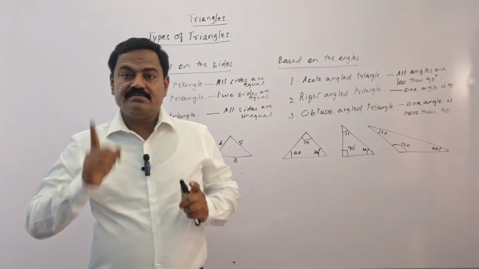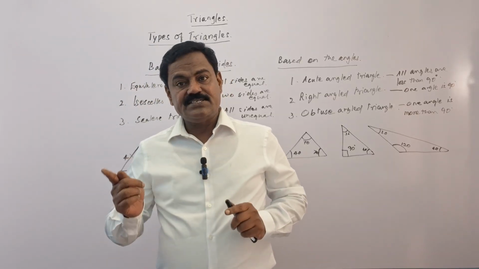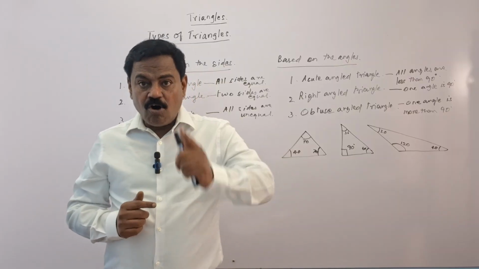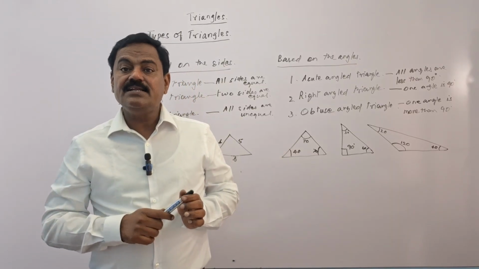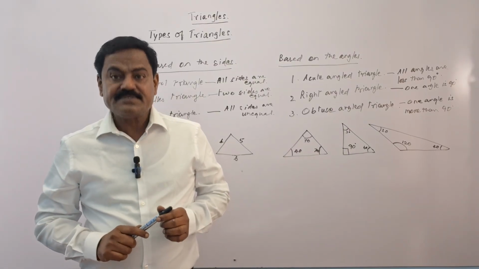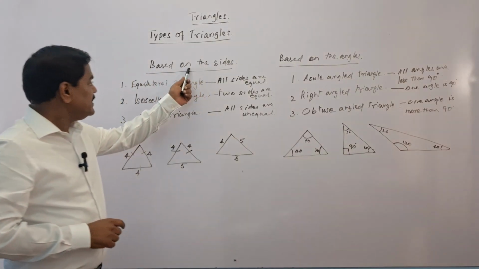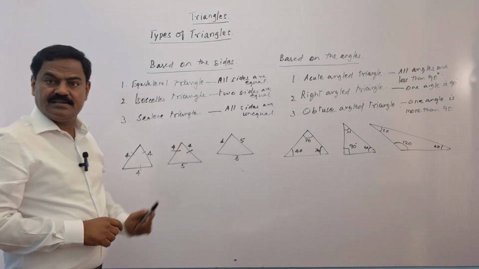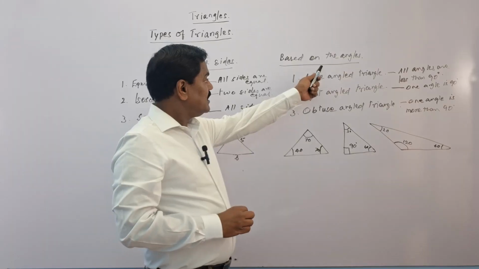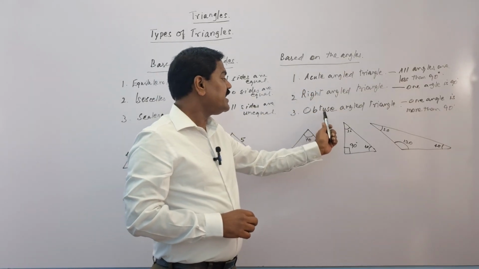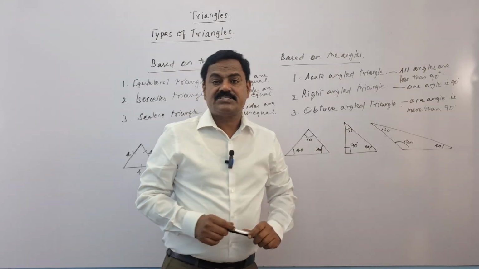A triangle will have three lines, three vertices, and three angles, and the sum of all the angles in a triangle is always 180 degree. And coming to the types of triangles, based on the sides: equilateral, isosceles, and scalene triangle. And based on the angles: acute angled, right angled, and obtuse angled triangle.